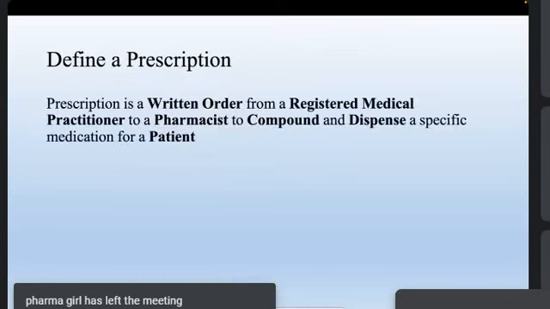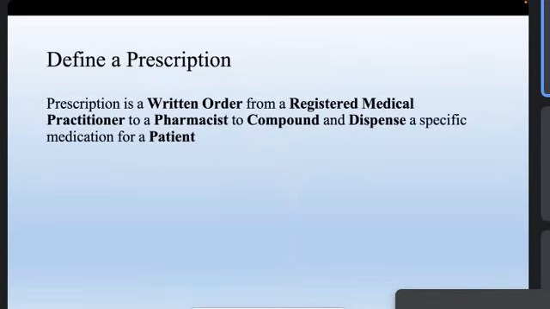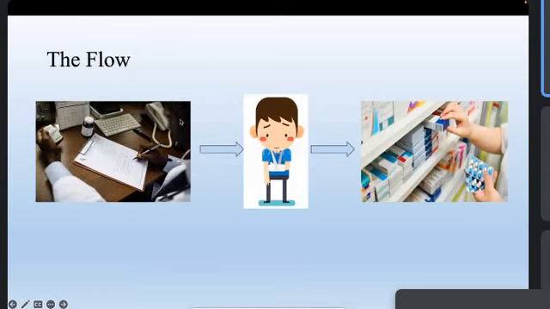Then, since this is a definition, we cannot actually change it, but it can be slightly rephrased as: a prescription is a written order from a medical practitioner through a patient to a pharmacist. That is why we have the sequence as the doctor, the patient, and the pharmacist, right?